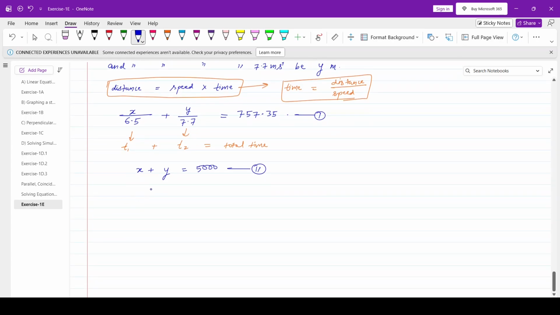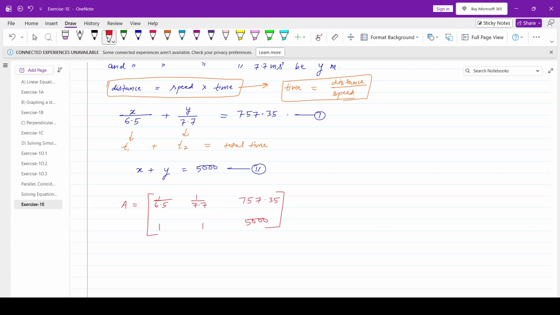Now if we solve these two equations, we need to find out the matrix. Matrix A will be 1 by 6.5, 1 by 7.7, and 757.35, and 1, 1, 5000. This will be our matrix.